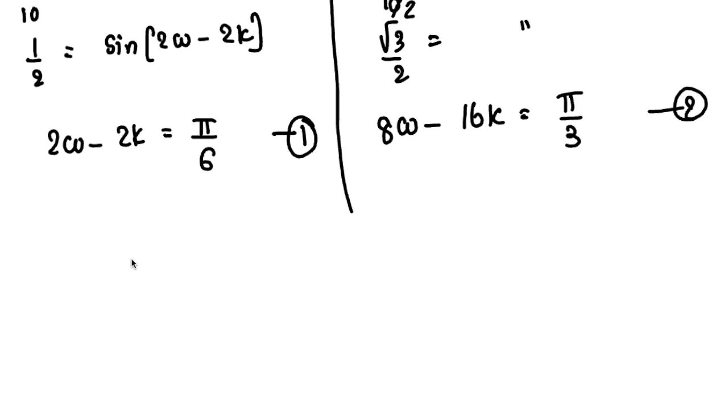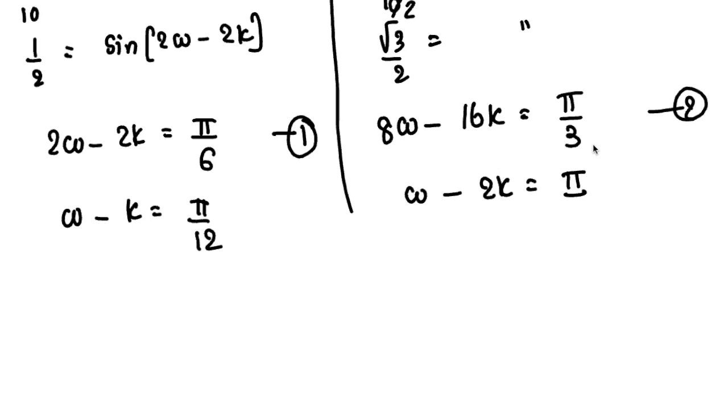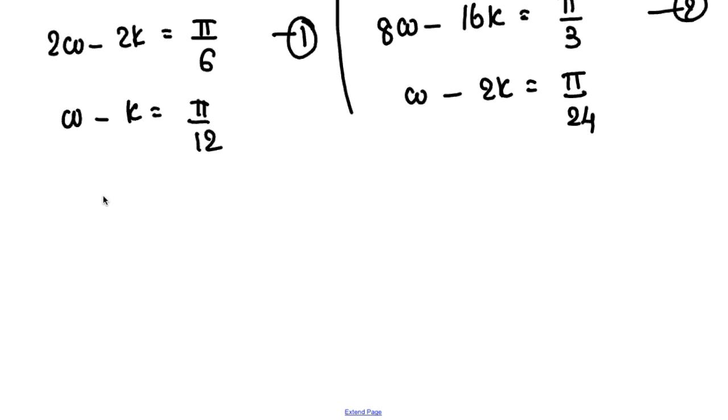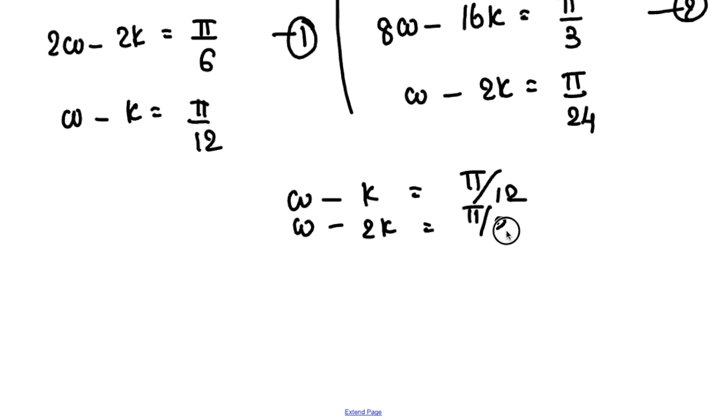let us make it simple: omega minus k equals pi by 12, and omega minus 2k equals pi by 24. We have simplified these equations. Now, omega minus k equals pi by 12 and omega minus 2k equals pi by 24.